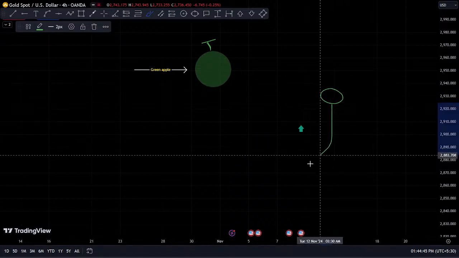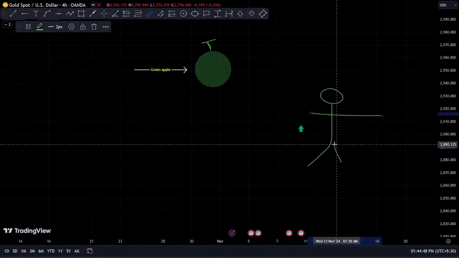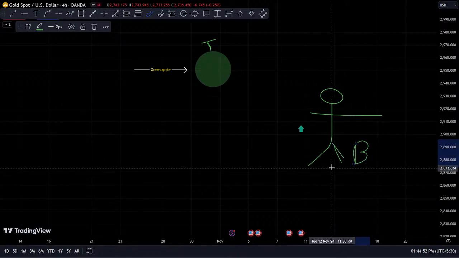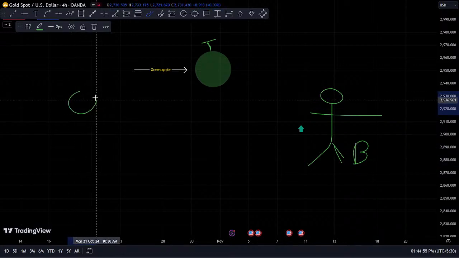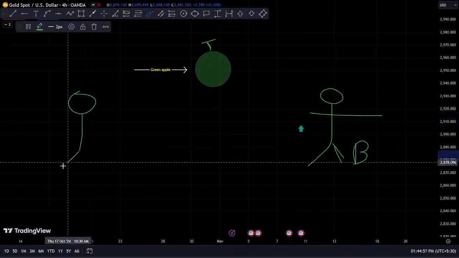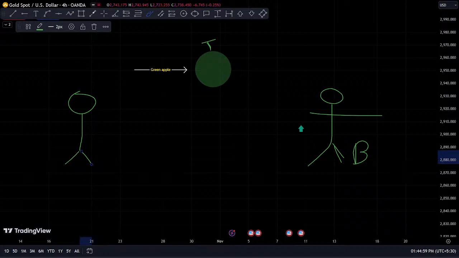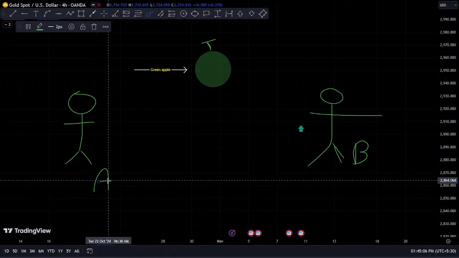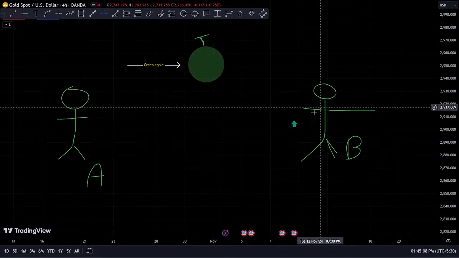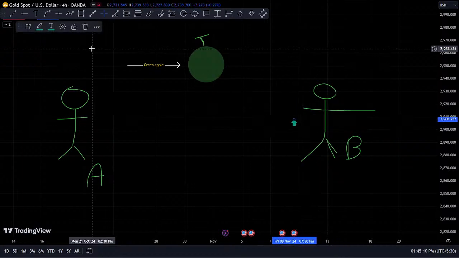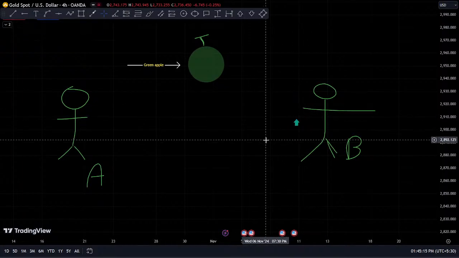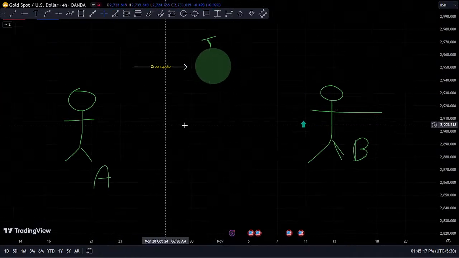Let's say this person is B. Okay, this is a B person, and you are this person. So he wants to buy your particular apple, or it may be anything. He just wants to buy an apple, or else a green apple.